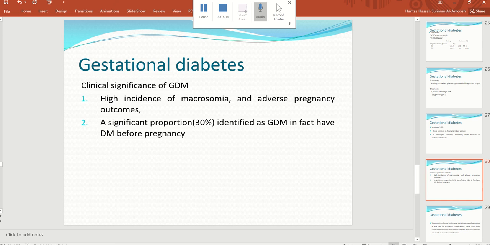The clinical significance is the same as diabetes. There's a high incidence of macrosomia and adverse pregnancy outcome, the same as pre-existing diabetes. As we said, 30% of identified gestational diabetes are, in fact, unrecognized pre-existing diabetes.